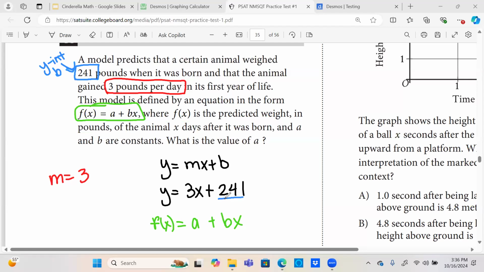So a is the number that's by itself, and b is the number with the x. So they said, what's the value of a? That's the one by itself, the 241. So they kind of threw us for a curve there, but we didn't fall for their shenanigans.